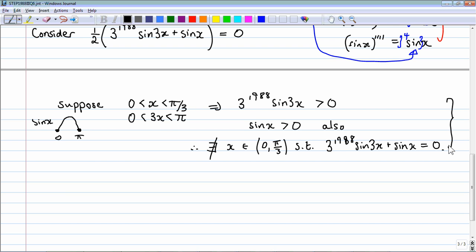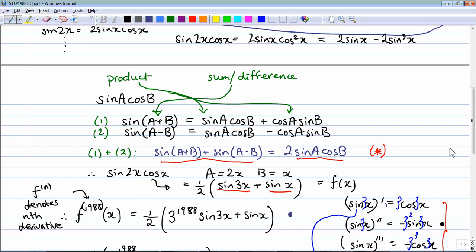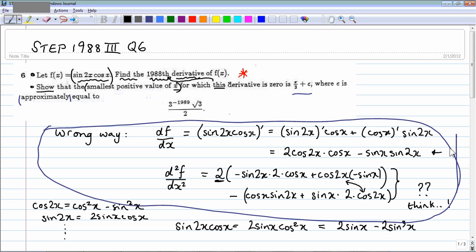Okay, so we justified that the x that we're looking for is bigger than pi over 3, but now we're being asked to more specifically find the approximately correct value for the first positive 0 of the derivative. This is the form it should take.